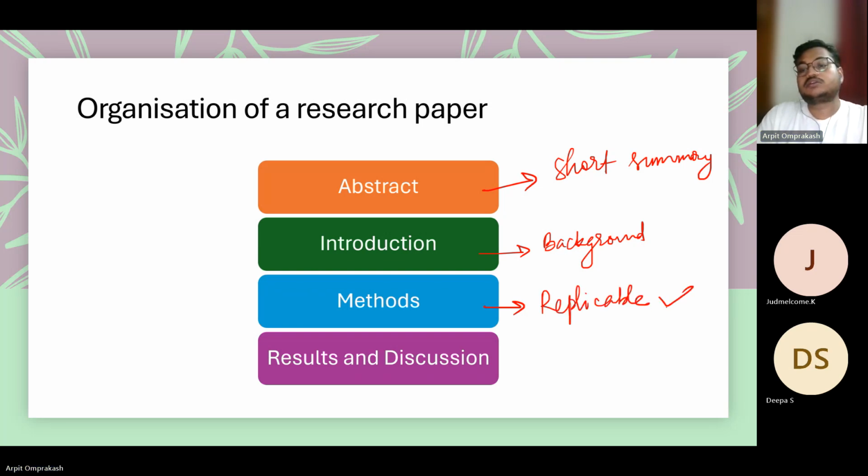Then we have the methods or materials and methods, which basically makes something replicable. In the methods section, researchers generally give detailed instructions on how to replicate their work and how to generate the figures or the results that they have generated, so that other people who are reviewing the work can replicate it, or you, if you want to replicate what they did, can go and replicate the same thing and find out if the result they have figured out is correct or not, right?